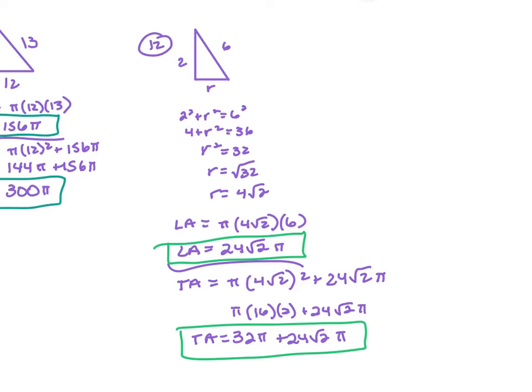So again, have the formulas written down. Have your calculator ready to go. Make sure you're practicing using the calculator that you're going to use for the test. Again, remember the test is not next week. It'll be the week after. And it's going to cover all of the surface areas and all of the volume. We're not going to get to 11.8.